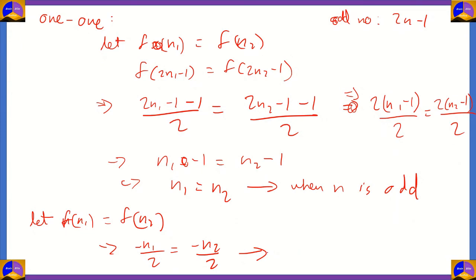So you'll get n1 is equal to n2. This is when n is even. So you can now write that the function f is one-one.